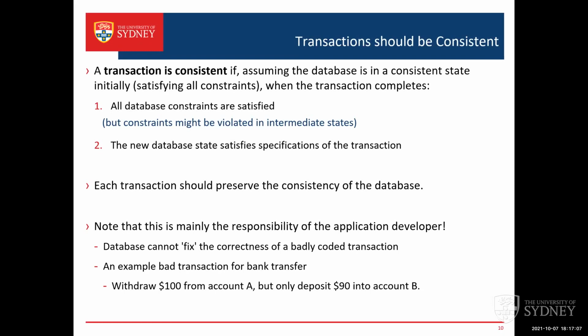But if I keep going and finish all the statements, then the database will be in a consistent state. So constraints might be violated in an intermediate state, but as long as everything is fine when the transaction is finished, we'll say the transaction is valid.